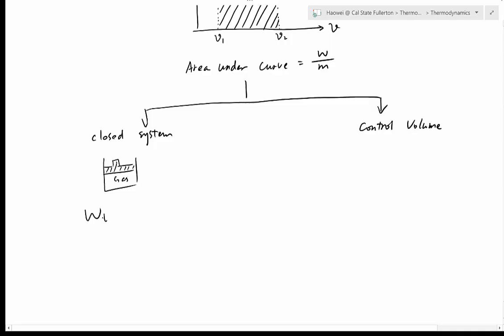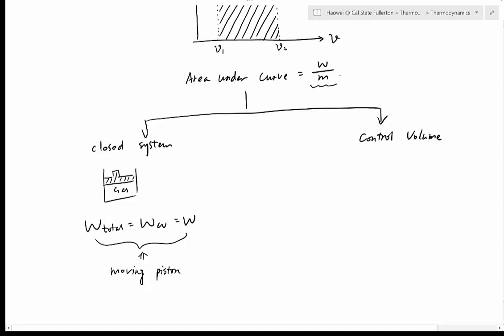It's just W, you can call it W total or WCV or just W. Doesn't matter because you only have one work, which comes from the moving piston. There's no other work you have to worry about. So when you use the W per unit mass equation, you don't have to worry about anything because there's only one work involved for a closed system.